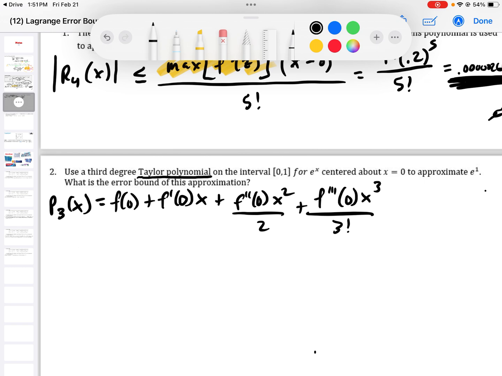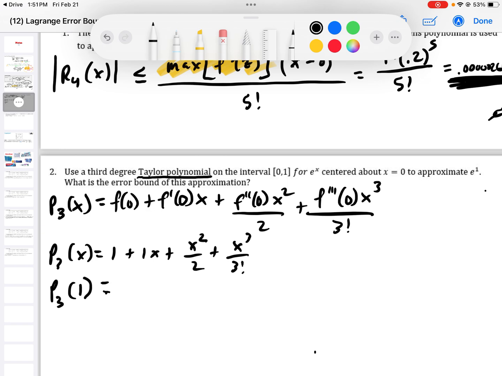So when I'm building this out, and we're going to find the shortcuts here pretty soon, p sub 3 of x is equal to 1 plus 1x plus 1x squared over 2 plus 1x cubed over 3 factorial.